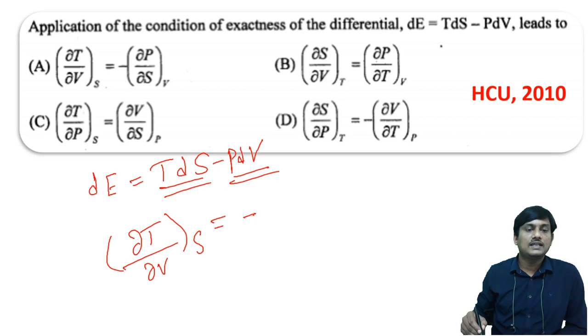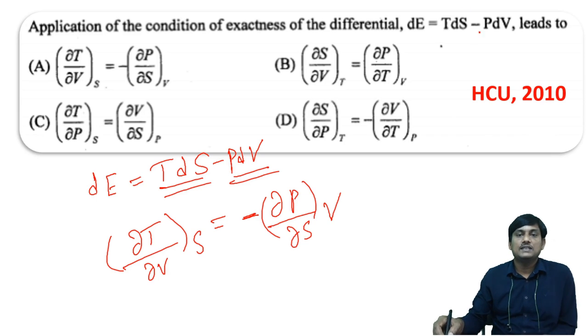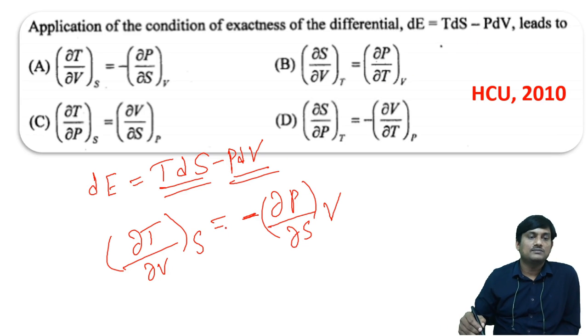And this one is negative. And for this one, you differentiate with dS: dou P by dou S at constant volume. From this equation, you can get this relation.